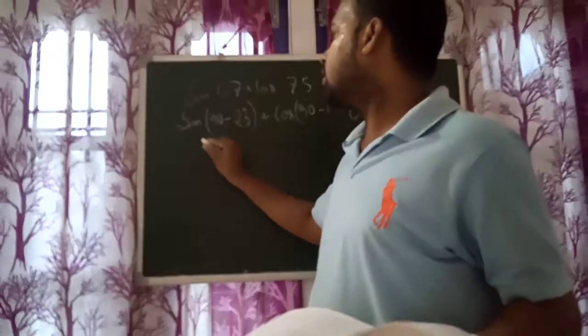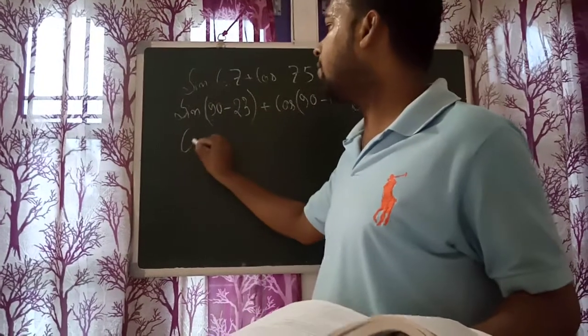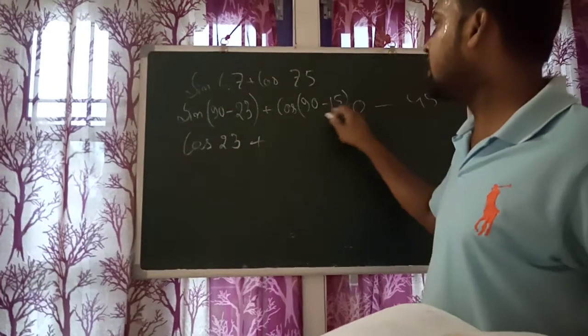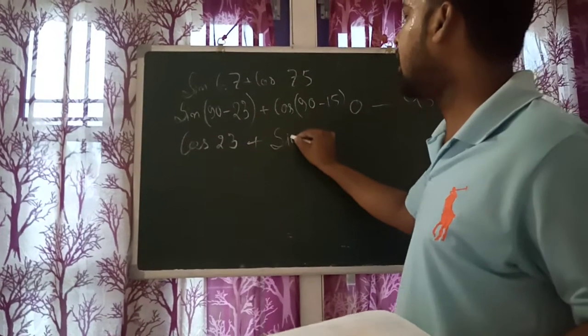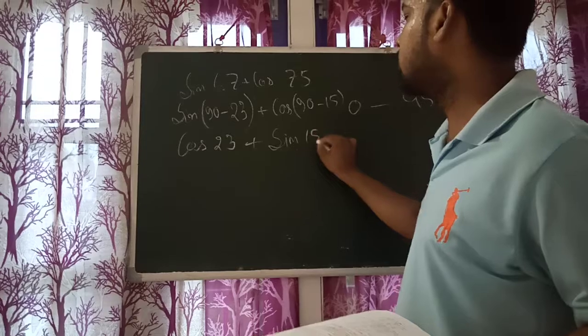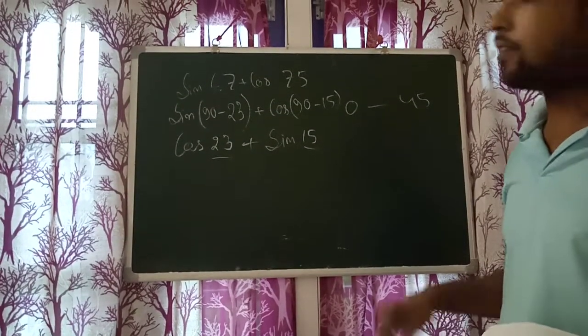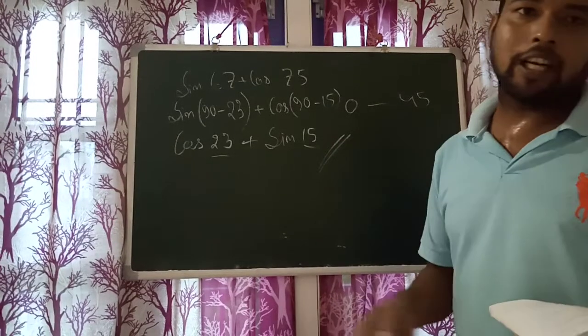Now this one, sin (90 minus theta) can be written as cos theta, so cos 23 plus, cos (90 minus theta) can be written as sin theta. In place of theta there is 15. Now see this angle and this angle are between 0 and 45 degrees. You have to do till here only.